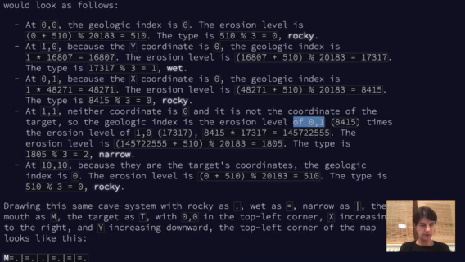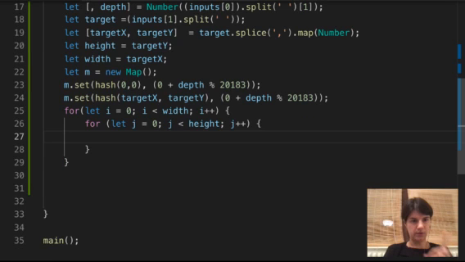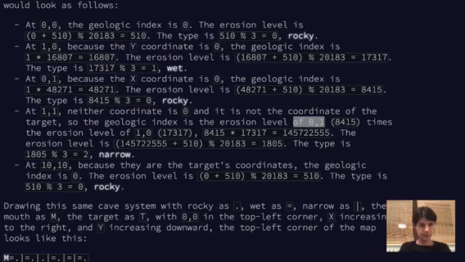Hold on. The erosion level is this modulo. Yeah, I need the erosion levels multiplied, and then at the end, I can do the modulo 3. Okay, so I'm not sure if you're saying that this is wrong already, or what you mean by what's your order. The other thing I wanted to know is whether I'm going in the right direction.